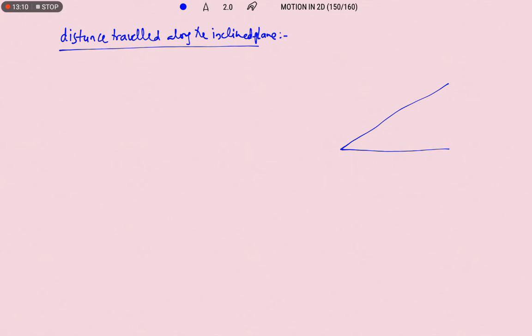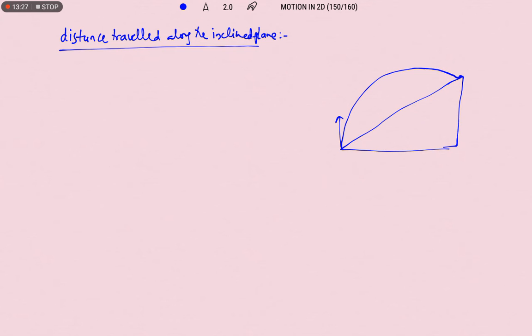So along the x-axis we are going to find its distance. We don't know whether it reaches the next end of the inclined plane or not. We are just writing the expression for horizontal distance traveled.